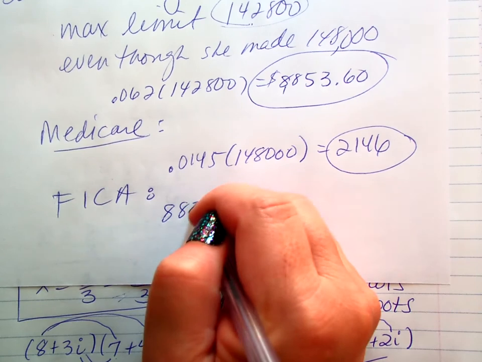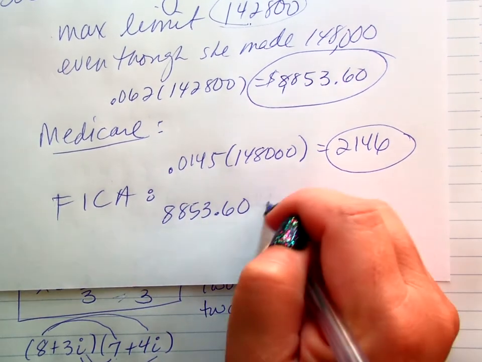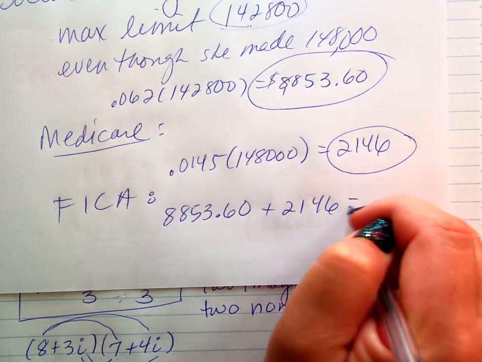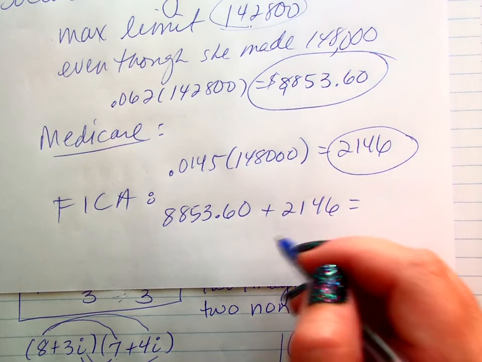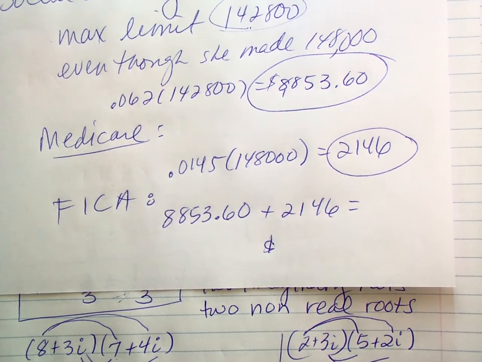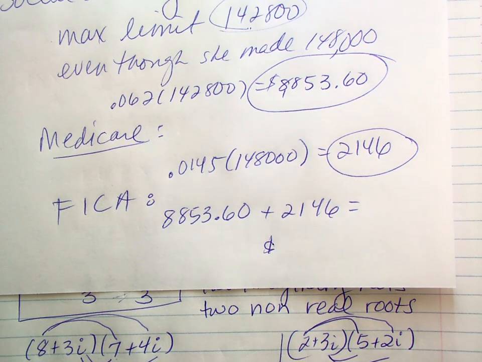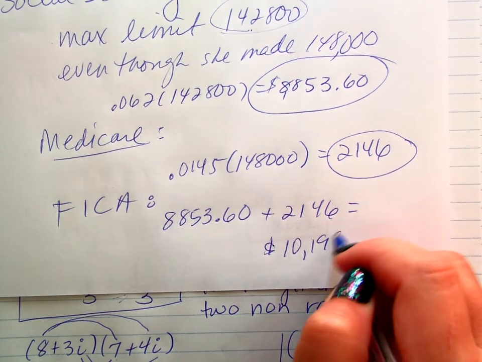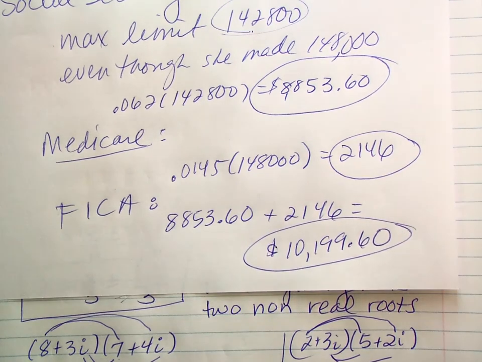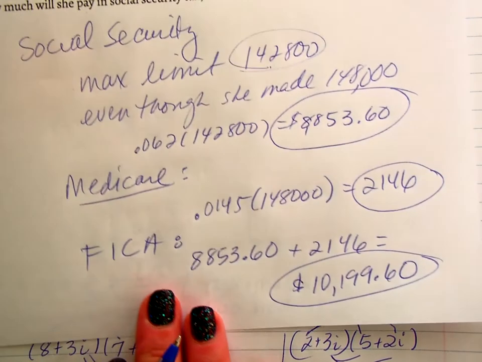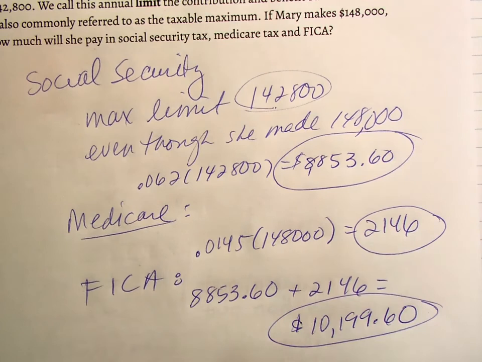So we get $8,853.60 plus $2,146, and we get $10,999.60. That's the amount that's been taken out for FICA with the two combined. What do you think?